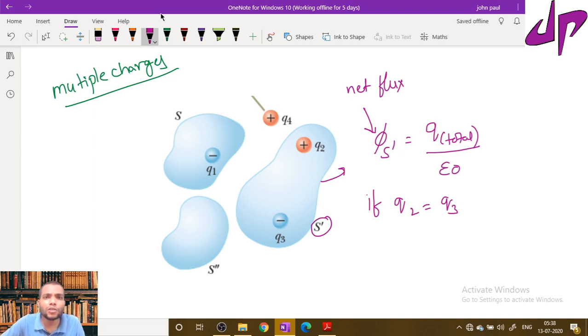Even though the charge Q4 is close to the charge Q2, there is no effect on the net flux, because the charge Q4 is outside the Gaussian surface. It does not interrupt the net flux through the surface we have chosen.